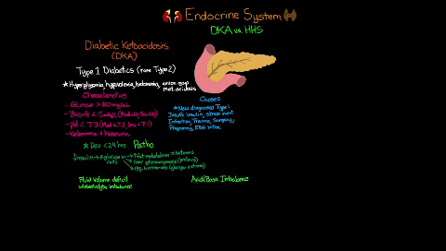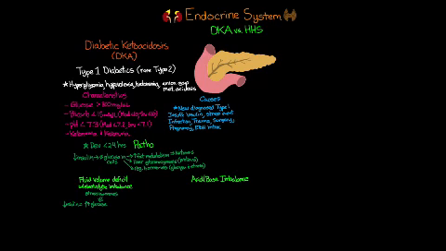So first, let's talk about this fluid volume deficit and this electrolyte imbalance. So we know that due to the lack of insulin, our glucose levels are going to be high in the blood. And like we just talked about, due to the stress response hormones, we are going to further increase this glucose that is available.